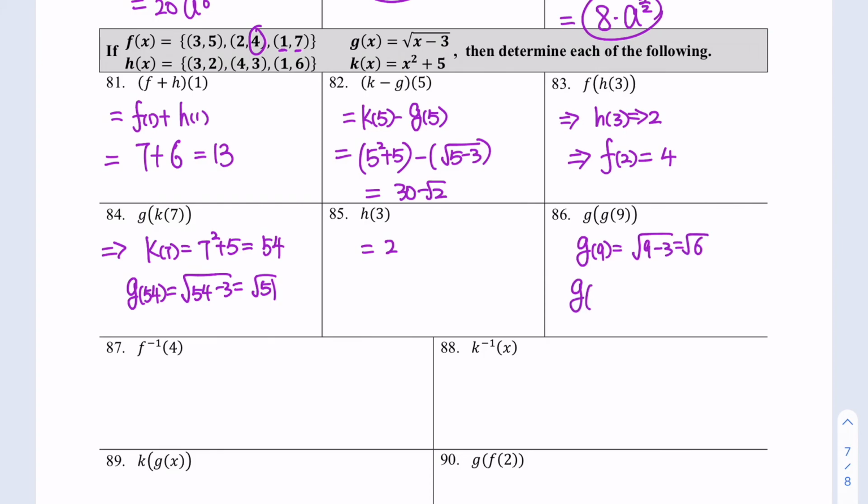So g of the square root of 6, we plug it in, equals the square root of 6 minus 3.